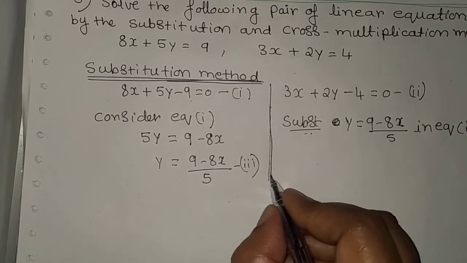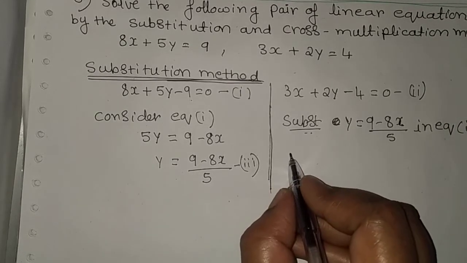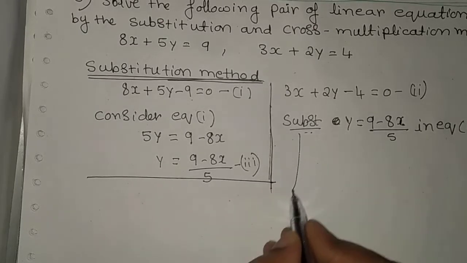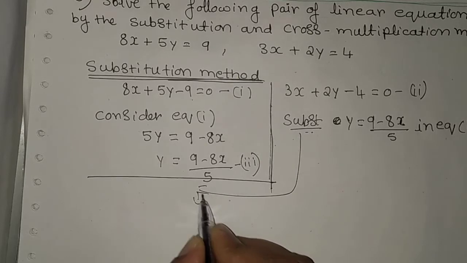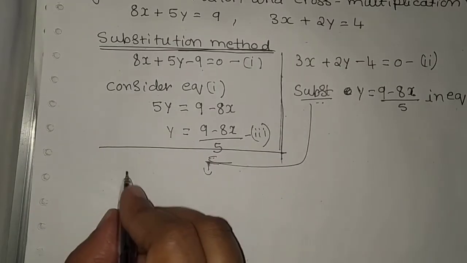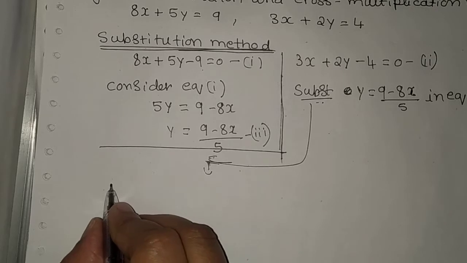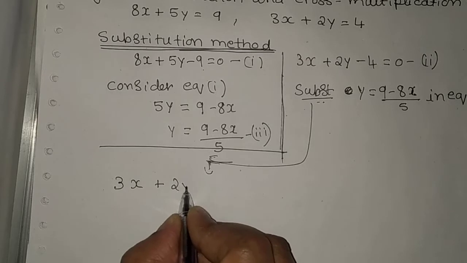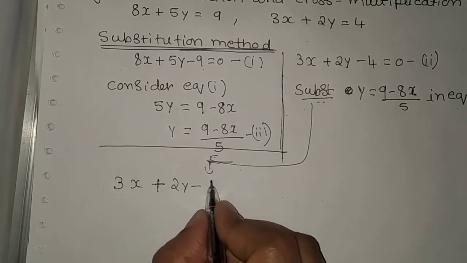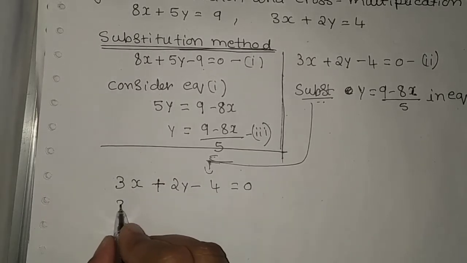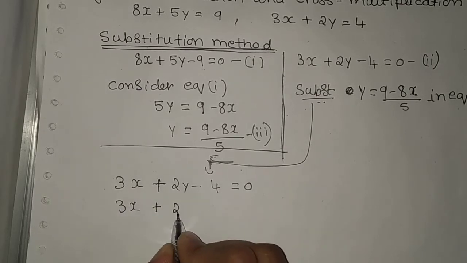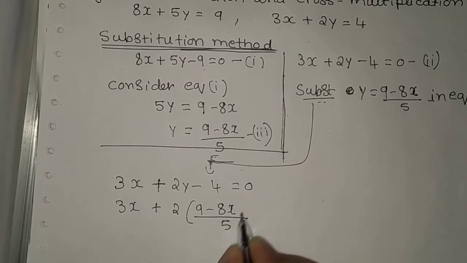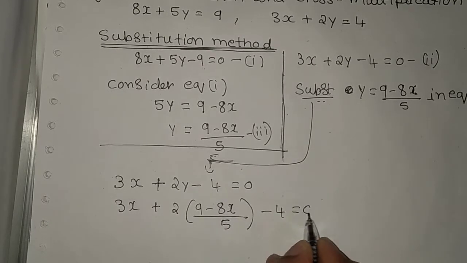We write down the equation once again: 3x plus 2y minus 4 is equal to 0. Then 3x plus, substituting for y, 2 into (9 minus 8x) by 5, minus 4 is equal to 0.